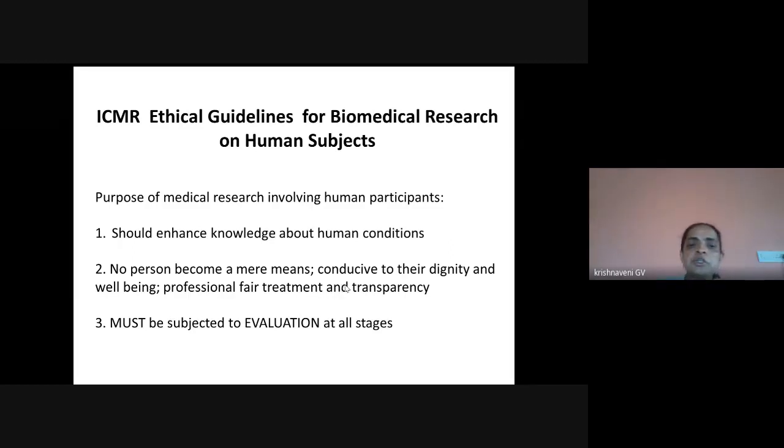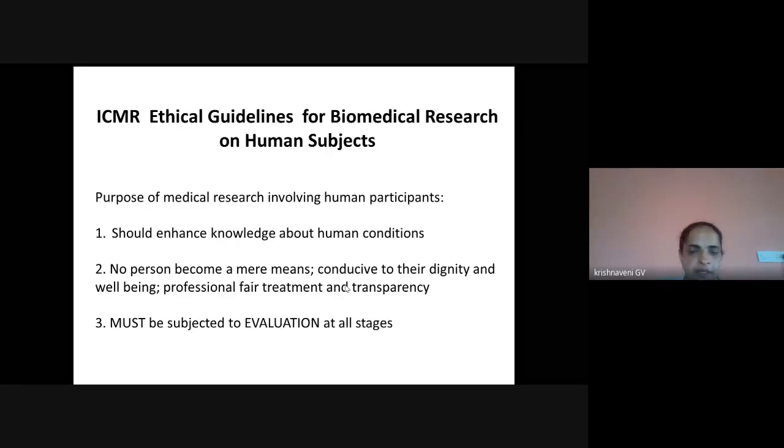And your research should be monitored at all stages. You can't just start the research and continue without submitting a report. That is not acceptable. Every aspect of your research should be monitored and supervised at all stages. So these are the three mandates of ICMR ethical guidelines.